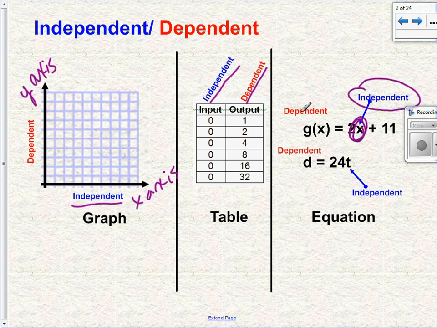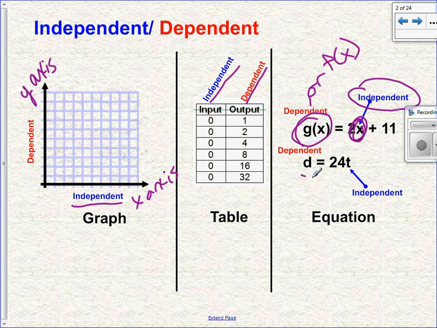Our dependent variable is y, otherwise known as g of x or f of x. It could be written in function notation. It's just a letter that stands for a function of x. You could do h of x if you wanted to.